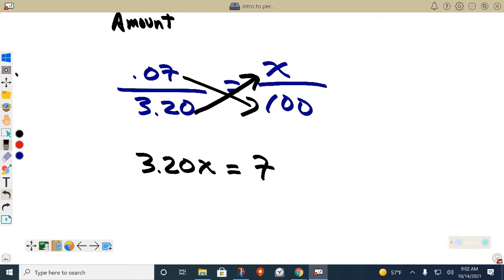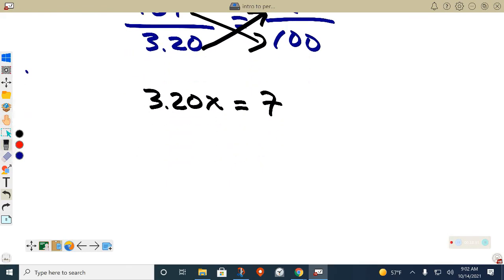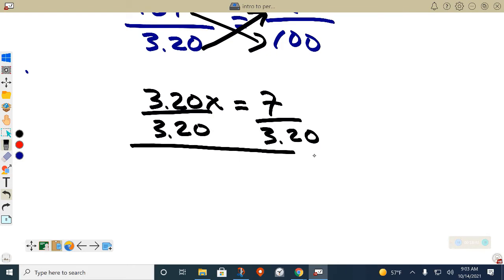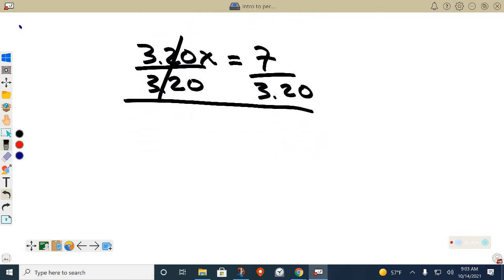I'm going to divide by the number next to x. What's the number next to x? 3.20, or 320. Divide by 320 on both sides. If you're scared of decimals, let the calculator do the work. You got a calculator on the internet, you got a calculator on your phone. So x is 7 divided by 320, which becomes 2.18 something.